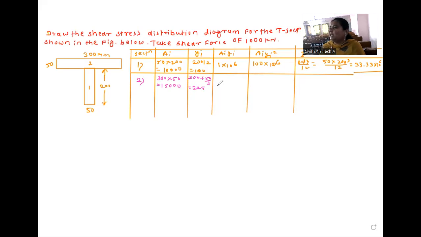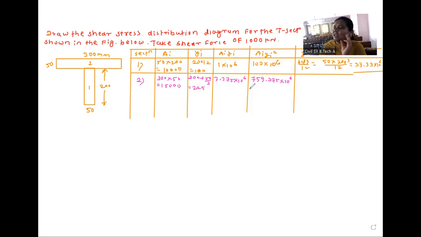Then ai yi, 15,000 into 225, is 3.375 into 10 raised to 6. After that, ai yi square is 759.375 into 10 raised to 6.